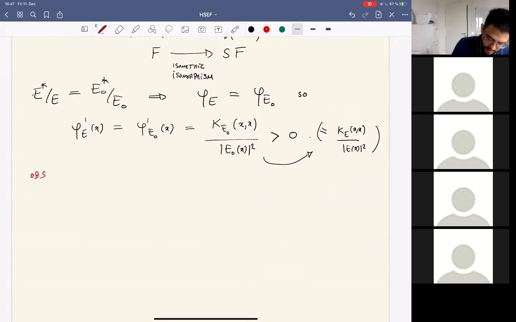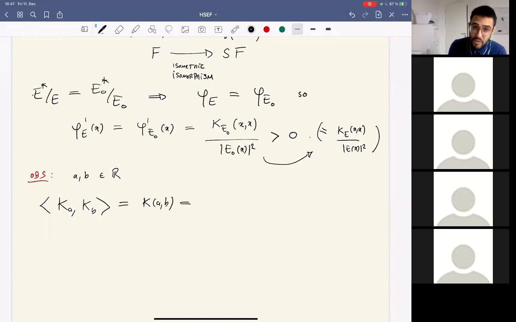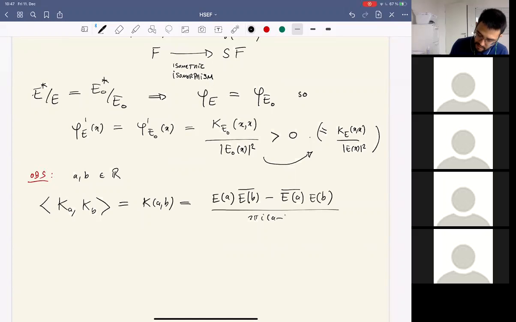Okay, so observation. Suppose I have two real points, A and B. And suppose I want to make this inner product, so that would be K of A, B. Let me write it in terms of the function E. So that would be E of A times E of B bar minus E of A bar times E of B, divided by 2 pi i (A minus B).